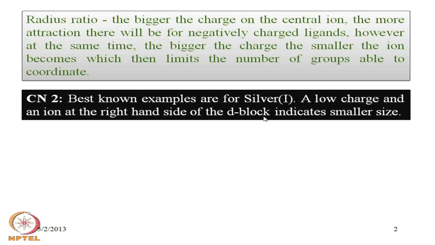The right hand side d block elements can provide only some low coordination number, because the charge is less. So, when we talk about a compound of silver 1, gold 1 or mercury 1, we can have only a coordination number of 2.